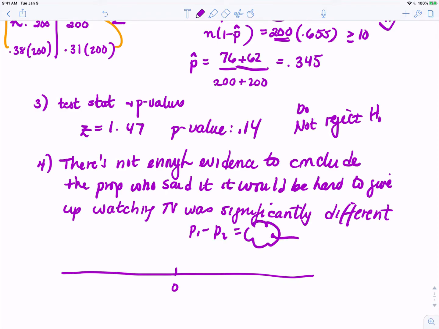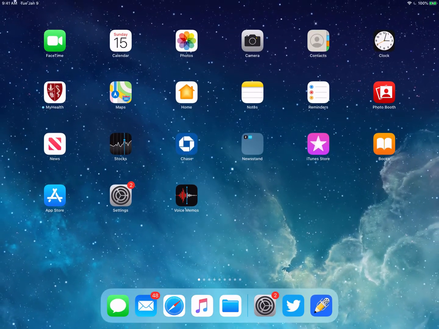The key number to pay attention to is 0. We just concluded here that there was no difference. In other words, P1 and P2 could be the same. And so if these numbers could be the same, when you subtract them, you could get 0 for an answer. So we're expecting an interval that includes 0. So let's go ahead and see.